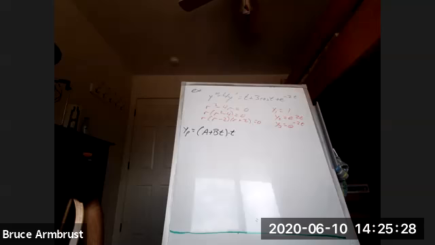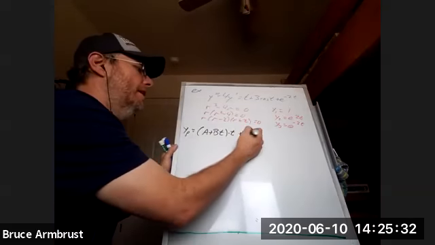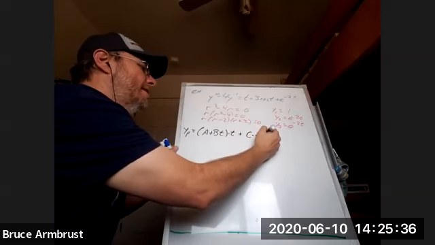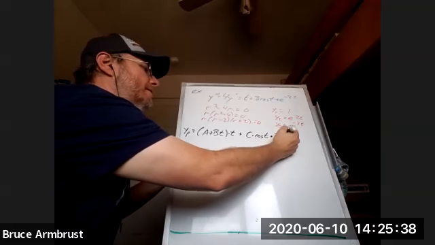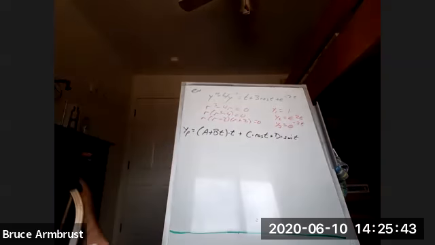All right, so then we go to the cosine. Well, cosine tells me that I need sine and cosine. So we'll have c times cosine of t plus d times sine of t. So that's going to take care of that part.